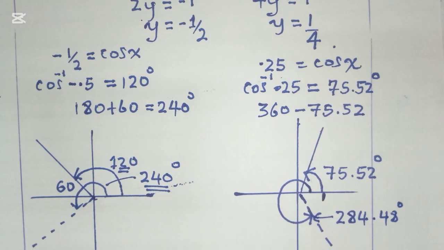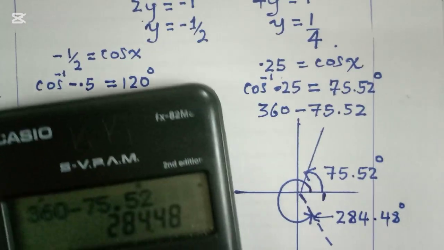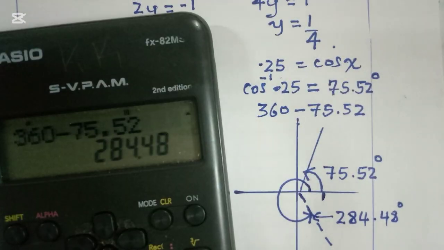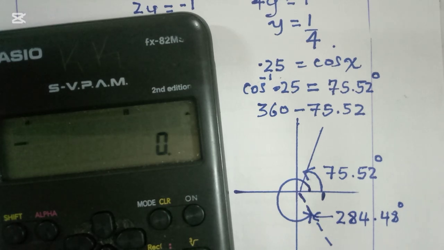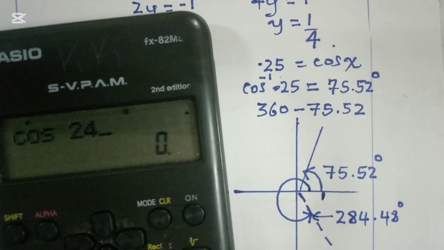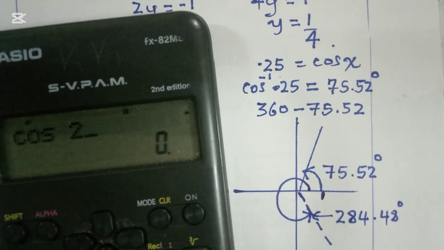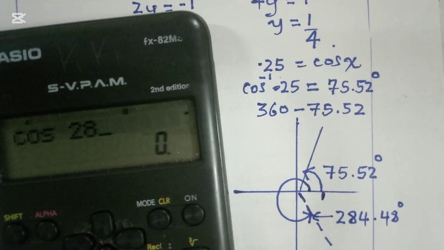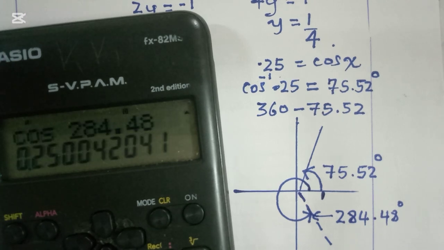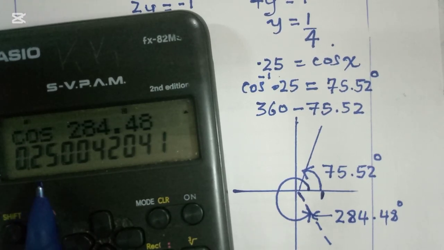Let's check and see whether we get the same result as the former one. So we say cos 284.48. Guys, you can see it's 0.25.